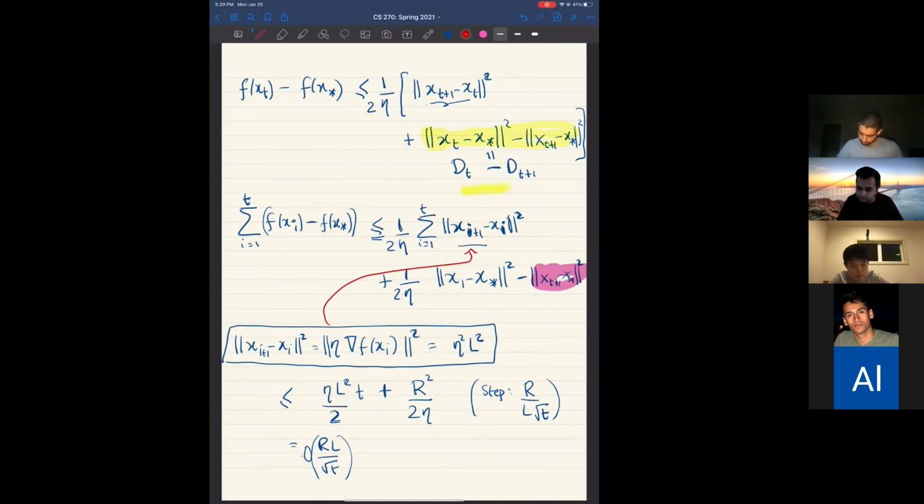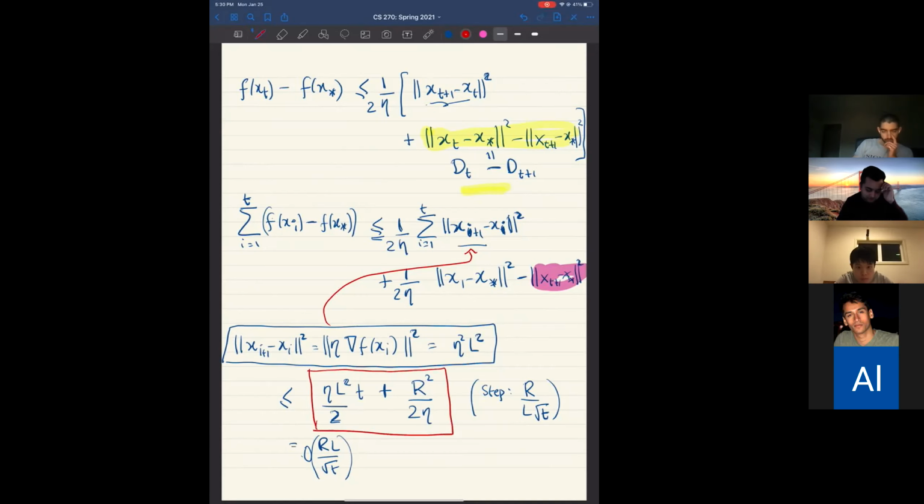Professor, last week you said that this theorem only works for appropriate eta. Does that mean this specific R over L square root T? Right. This proof, as of now, I didn't use anything about the value of eta until the last step. So you can pick a different value of eta. You fix an eta, then you can find a t at which things will work.